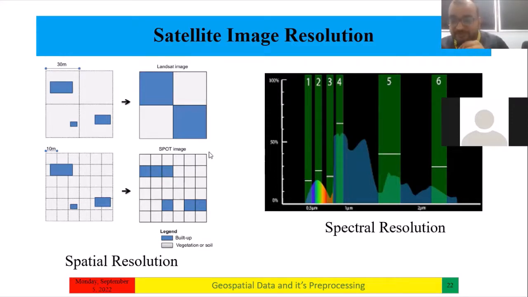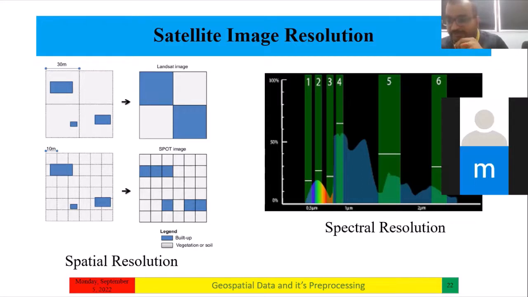The next one is spectral resolution. As I have told you, if we divide the ranges of the electromagnetic spectrum, we get subspectrums. For example, here from 0.5 to 0.7 there are four different subspectrums that can be used for imaging. There is a fifth one also, and a sixth one.